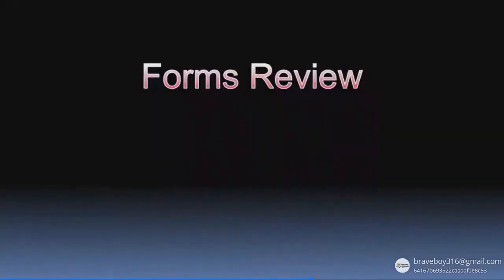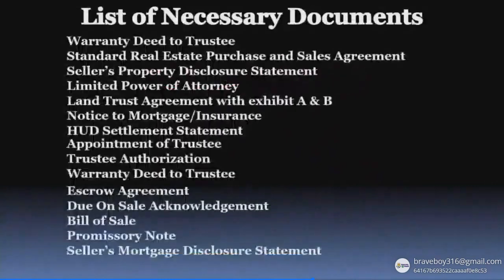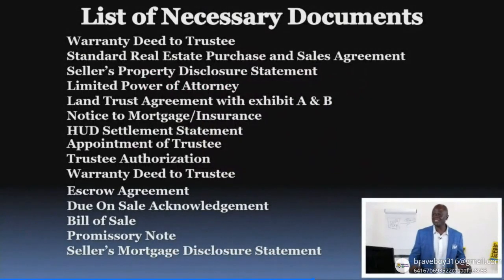All right. So next thing, let's go and look at the forms. All these forms are in the book, and we're going to just go through them. And this is a list of all the necessary documents to this transaction.